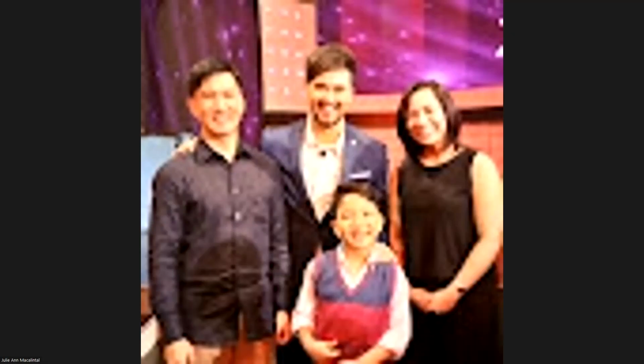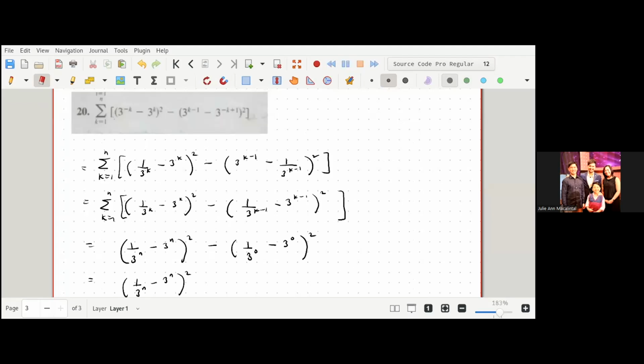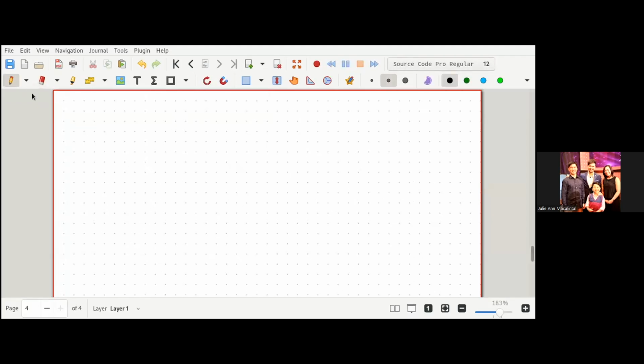Wrong screen. Dapat ito. Okay. So, yung problem sa example 4, ganito. So, this is example 4 on page 352 of TC7.